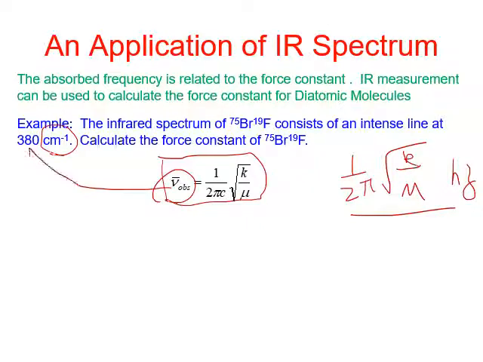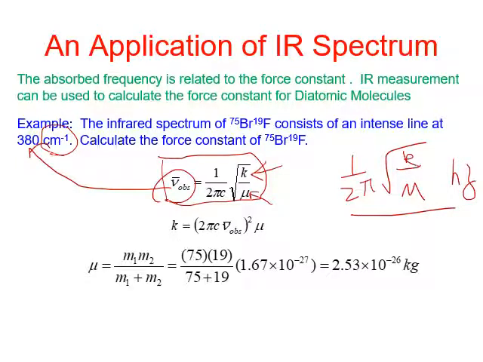Okay, now this frequency is 380, and we want to calculate the force constant, and therefore first we need to calculate mu. Mu is the reduced mass. So we already saw how to calculate the reduced mass, which is m1 m2 divided by m1 plus m2, and because 75, 8, 19 are molar masses, we multiply by a conversion factor to calculate the mass of an individual atom.